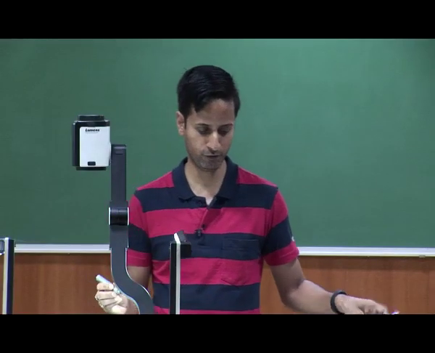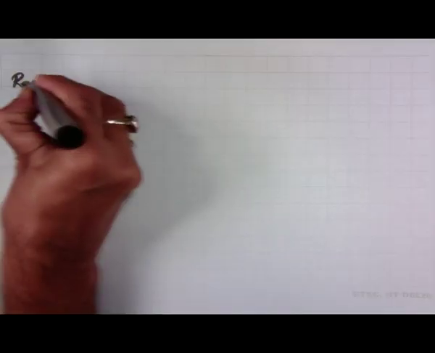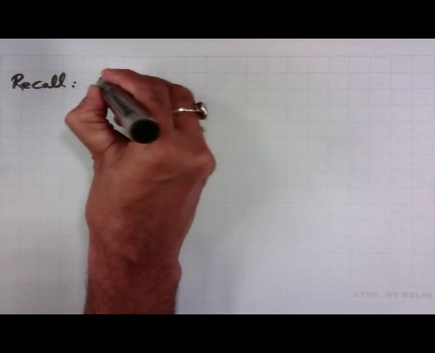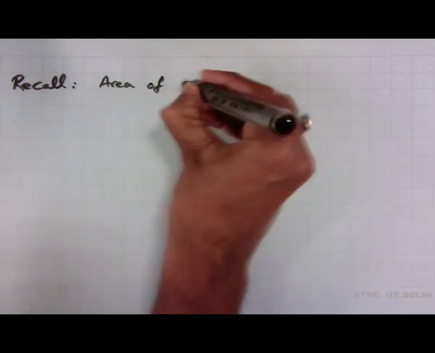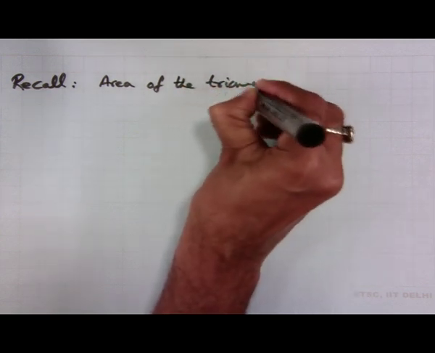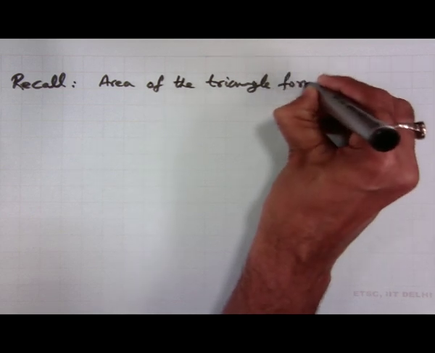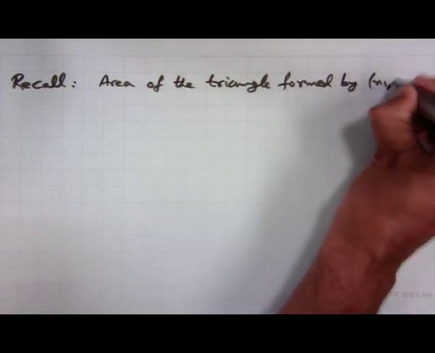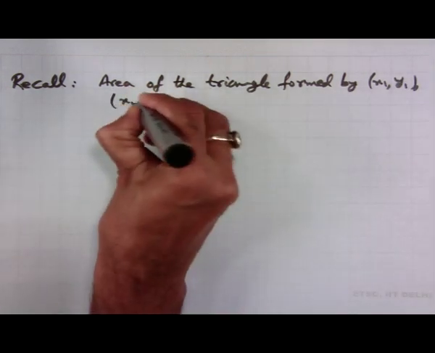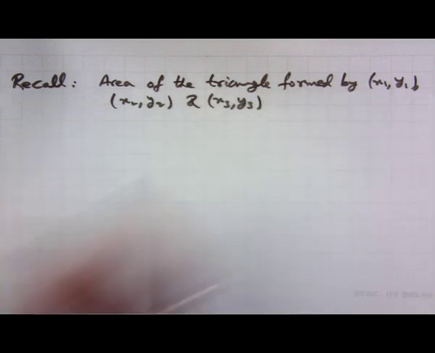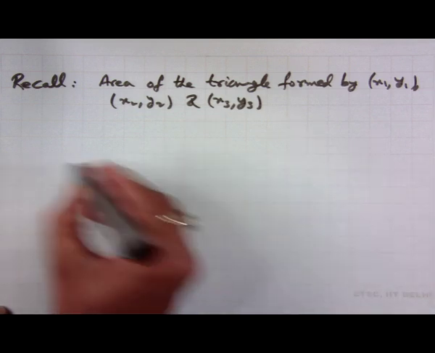So, again recall how do we find the area of the triangle formed by vertices x 1 y 1, x 2 y 2 and x 3 y 3. So, how do we get this area?